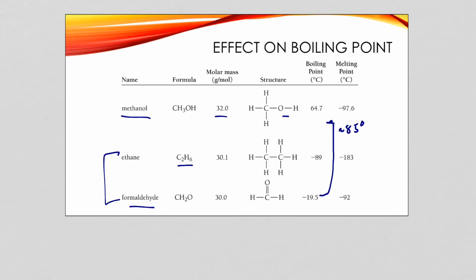But having those hydrogen bonds makes the same size molecule exist as a liquid, right? A liquid with a pretty high boiling point, above room temperature. And so the presence of this hydrogen bonding can have dramatic effects on the properties of the material.